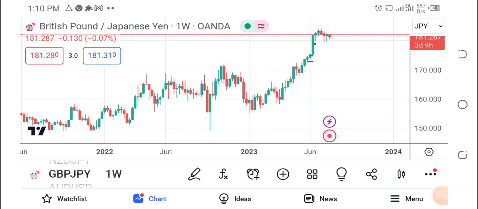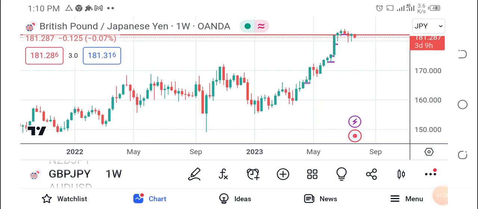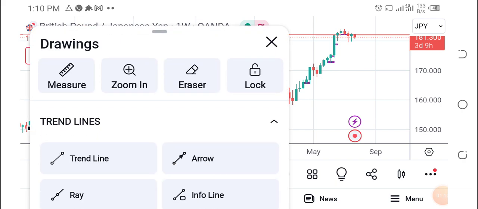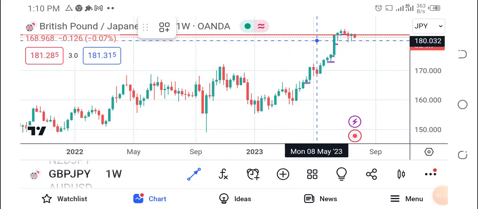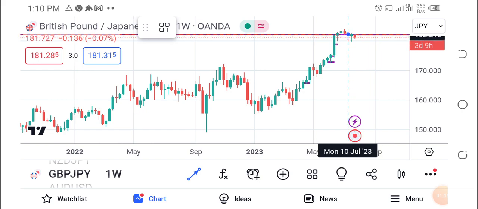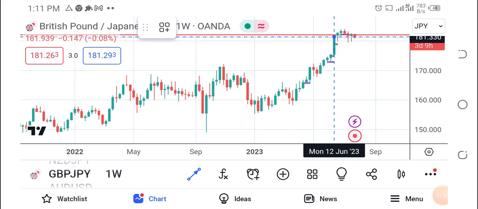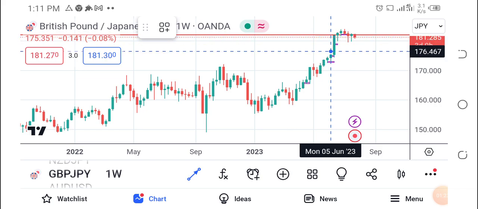Yes, the market is still maintaining an uptrend disposition at 181.31. As you can see, if we use our arrow tool, the price has refused to break this point in the weekly chart, 181.33, within that region.